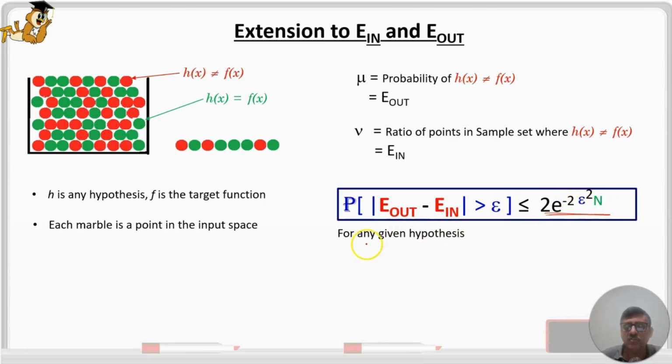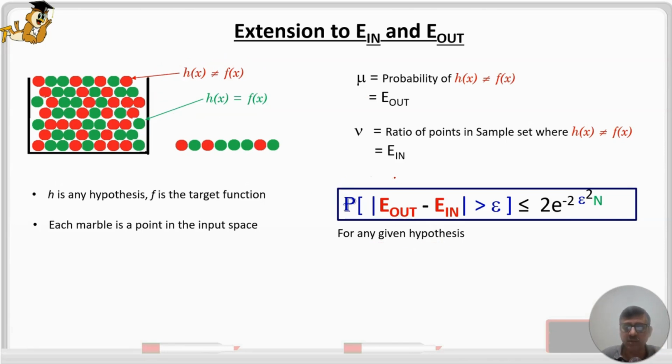And this applies for any given hypothesis. If you are given a hypothesis and you do this kind of coloring of your infinite bin, this becomes your Eout and Ein, and therefore Hoeffding's inequality applies for any given hypothesis.